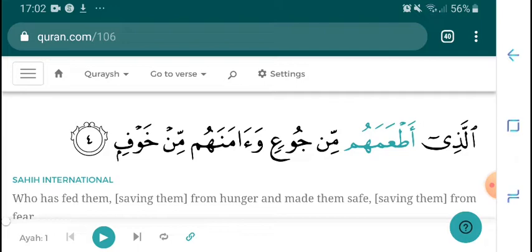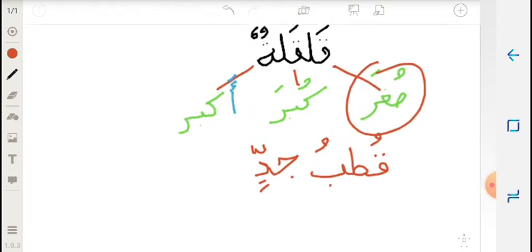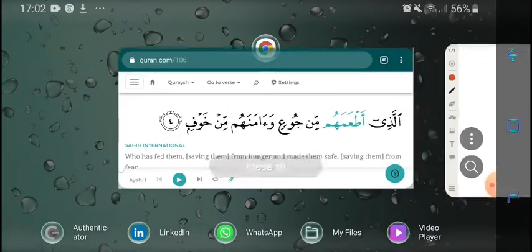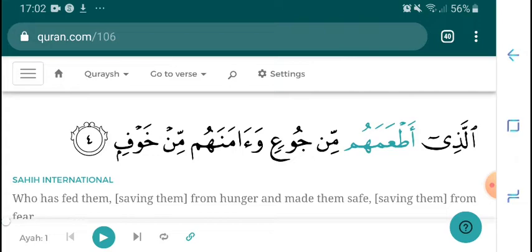So if any of these letters of Qutbu Jad take place and they are sakin in the middle of a word, you will apply Qalqalah Sughra. So it's a very light echo. Alladhi at'amahum. It's not a fatha, it's not at'ama, it's at'amahum. Okay, it's a very light sound.